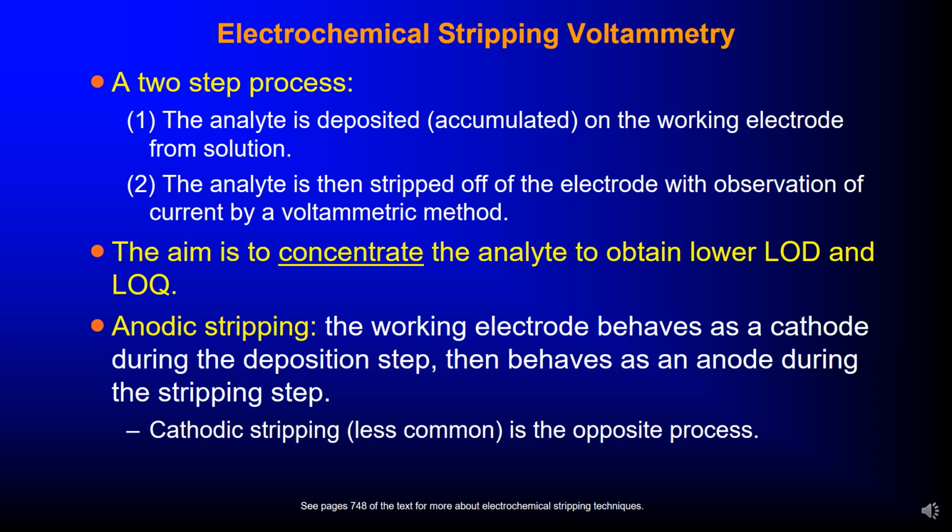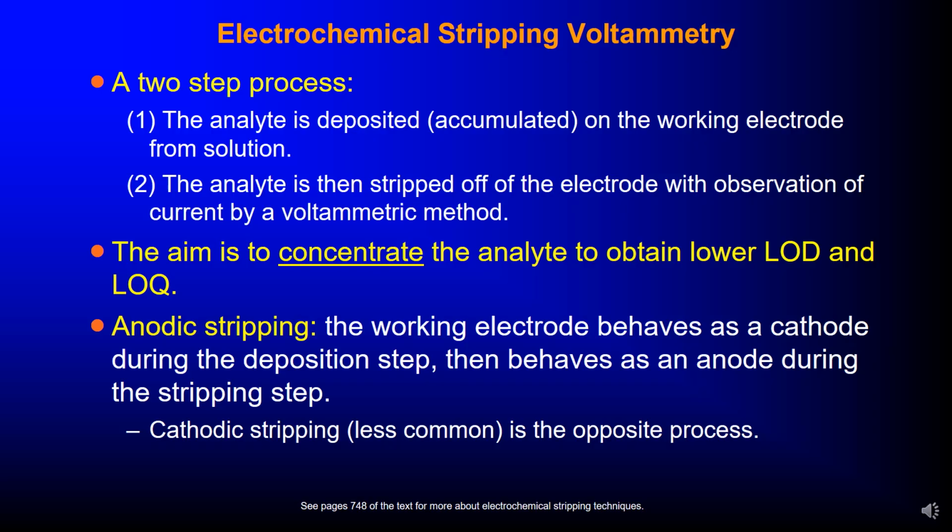The potential at which the stripping occurs is related to the redox potential of the analyte, and hence the potential of the current peak of the stripping step can be used to identify the analyte. So experimental conditions, of course, must be carefully controlled if the results are to be accurate and precise.